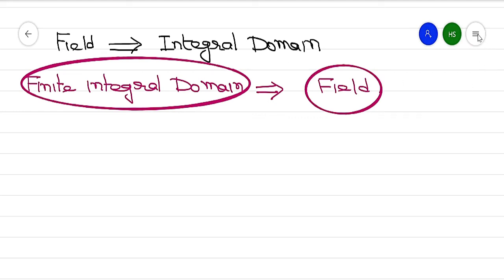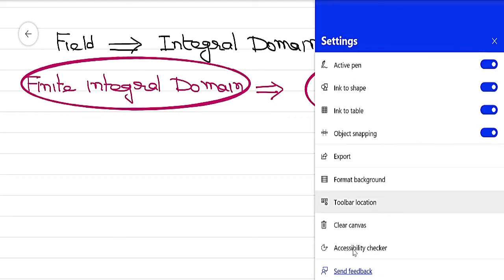Now after that, I am taking some examples. So that is the first question. Prove that in a ring R, in every question, R is a ring.